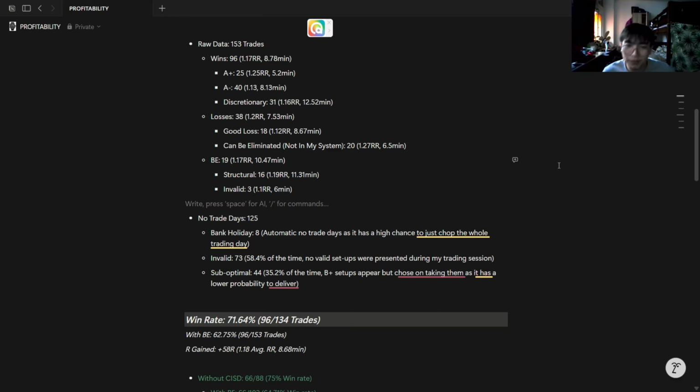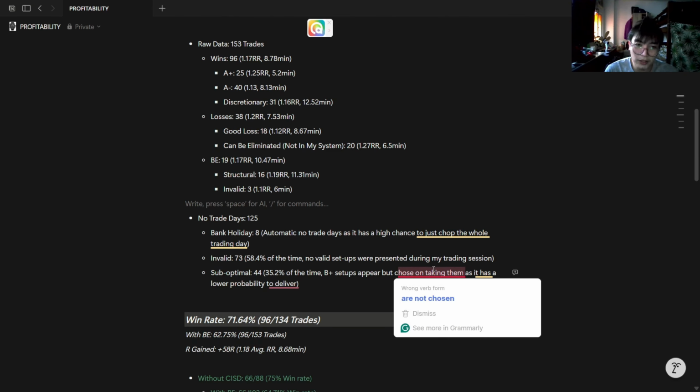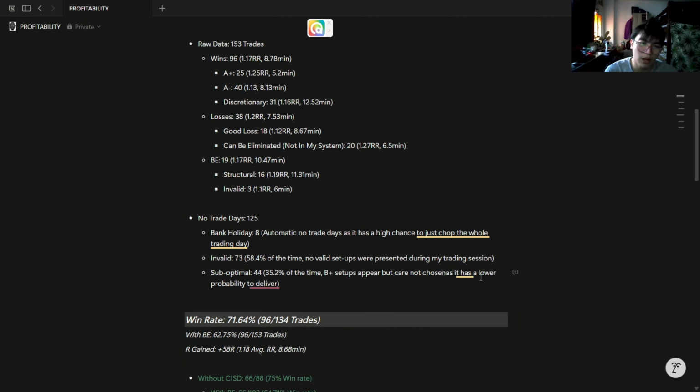After this, suboptimals are basically discretionaries that didn't give me conviction, or maybe A minuses that really didn't have the narrative, but it still worked. But I'd rather not take those types of setups, like more B pluses, C pluses, B minuses. They're not chosen as they have a lower probability to deliver.